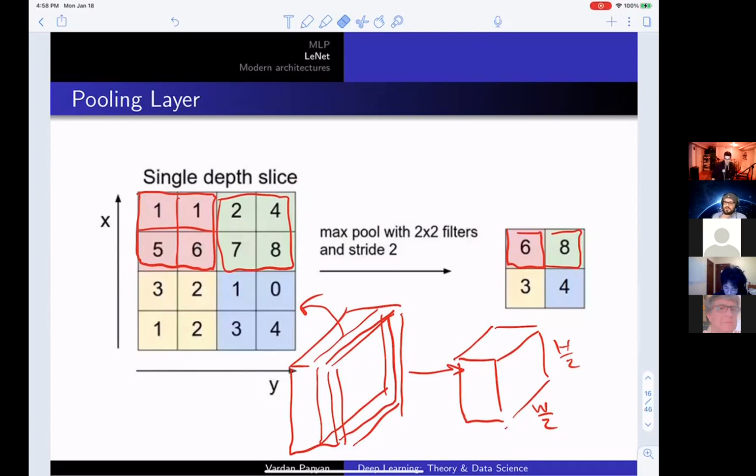It was found empirically that it's beneficial in terms of accuracy to increase the number of channels with depth and apply pooling to make the image smaller. How did W and H divide by 2? Because you replace every neighborhood of size 2 by 2 with a single scalar.